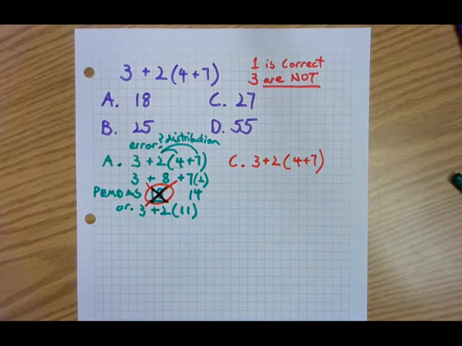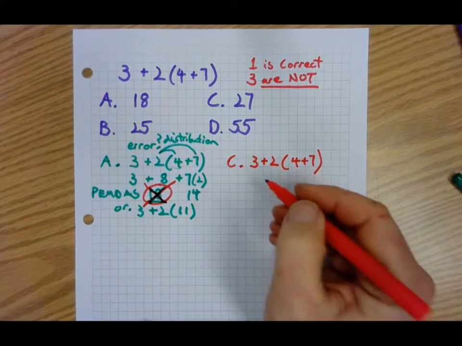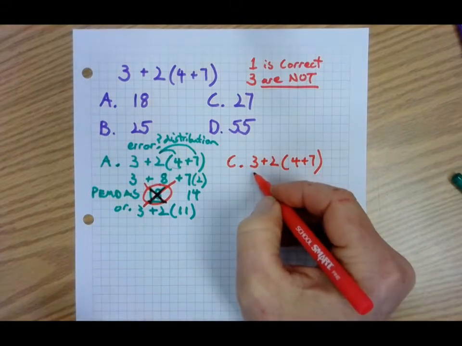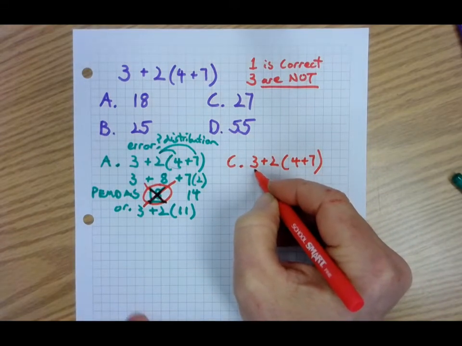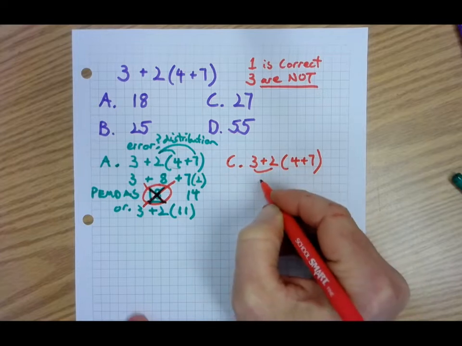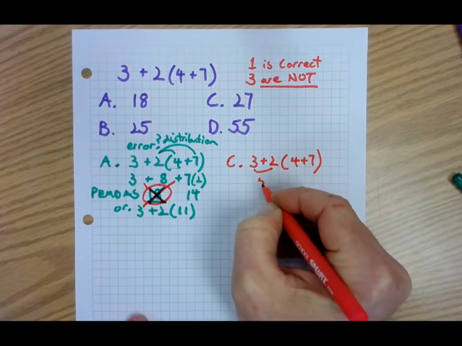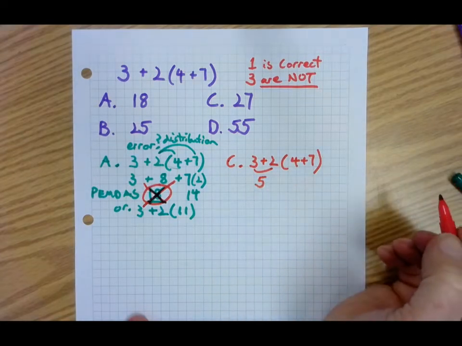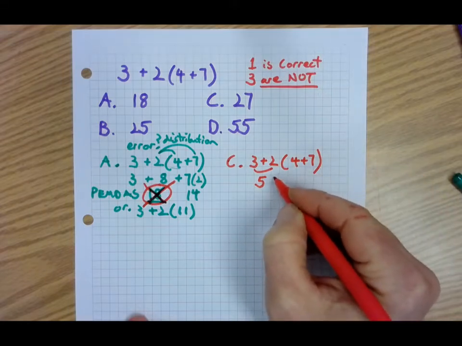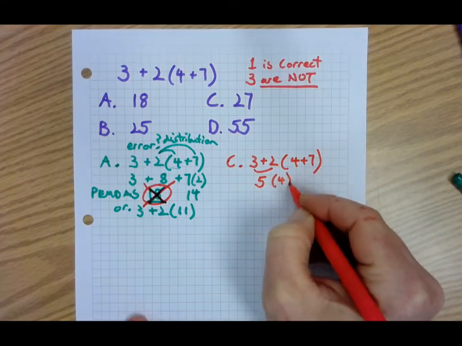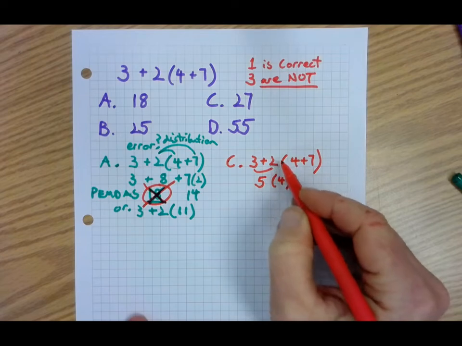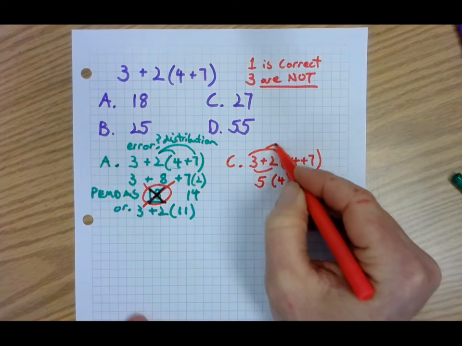Do you? What if an actual student did this? Added the 3 and the 2 and got 5. And then did 5 times 4, which is 20, and then there's the 7.